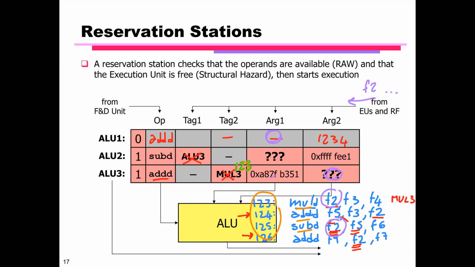Then I have a dependency here, and I need the result of the instruction at address 124, and here the result at address 125. So superficially, this works better, right?